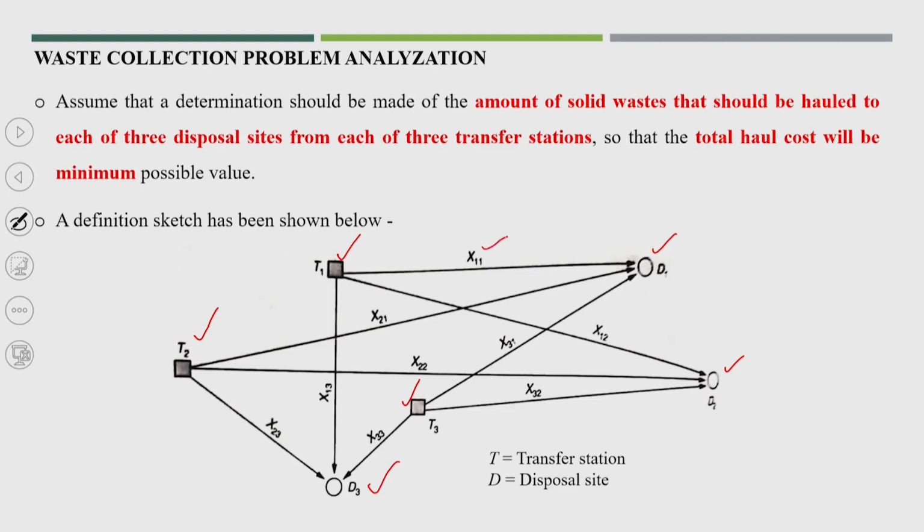So this is X11, X12, and to the third disposal site X13. Similarly for transfer stations T2 and T3. Now, we have to see that the optimum allocation has to be finalized.